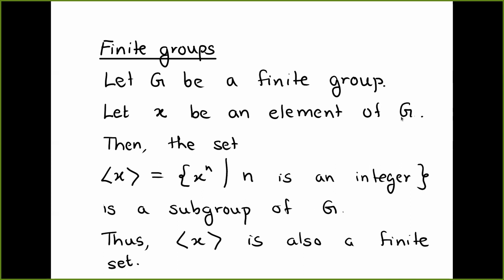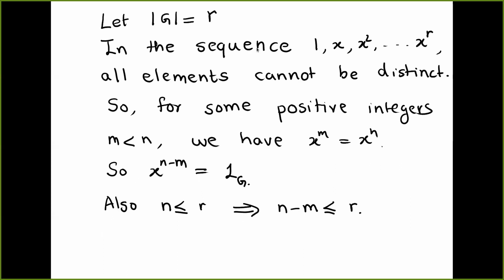G. So in particular, let me say that the cardinality of G, or the order of G, is r. If I write down the sequence 1, x, x squared, and so on up to x to the power r, there are r plus 1 elements here, but there are only r elements in G, which means that there is going to be some repetition over here. So all of them cannot be distinct. And so for some positive integers m and n, actually I shouldn't say positive because I'm also using x to the power 0 over here.